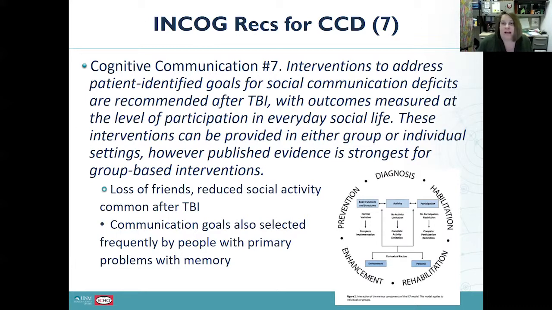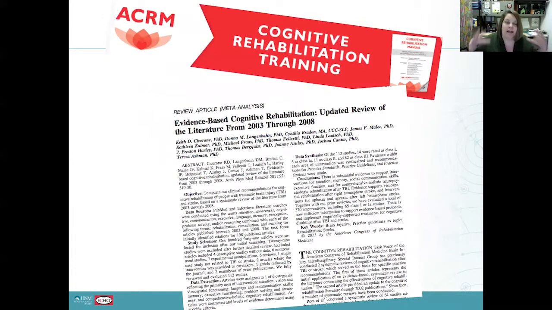The next recommendations are in line, but these are recommendations from the ACRM Cognitive Rehabilitation Manual and also the Cicerone article that hopefully will be updated soon. I'm giving you some recommendations and then some sample tasks in the communication domain.